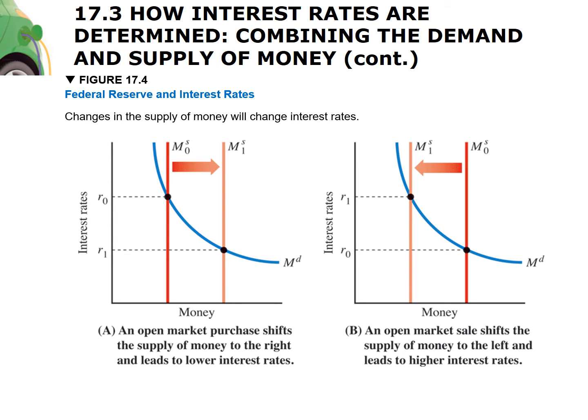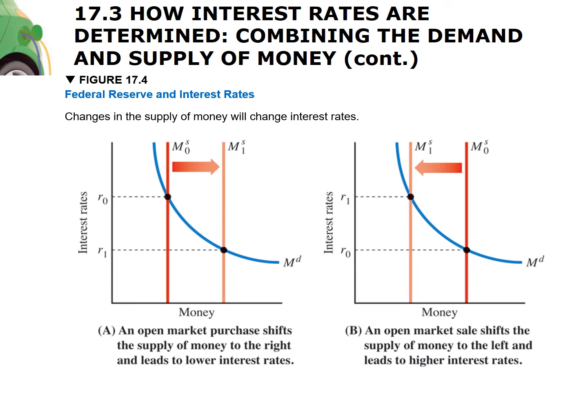On this slide we are showing how changing money supply would cause the interest rate to change. On the left hand panel, we see that when the Federal Reserve Bank increases money supply from M subscript S0 to M subscript S1, the new equilibrium occurs at a lower level.